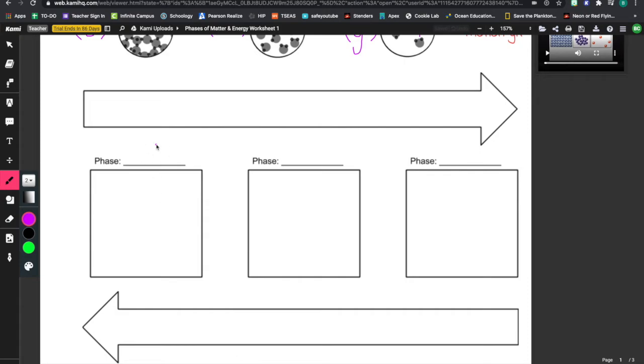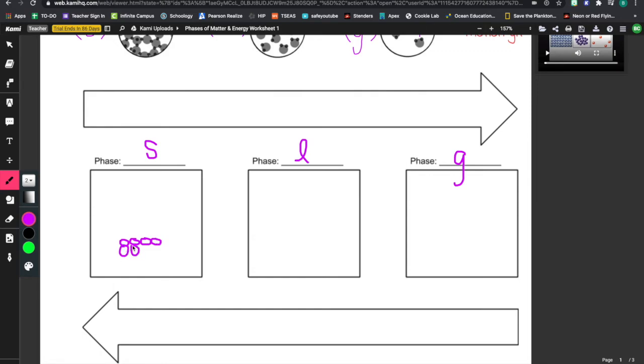So here we're going to do solid, liquid, and gas. What I want you to do is draw what our particle diagrams look like. Imagine that we're still contained in that flask, all right? So what a solid is going to look like, we're just going to use circles for each molecule. You don't have to draw all the atoms in the molecule, all right?